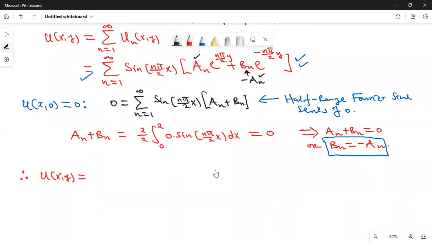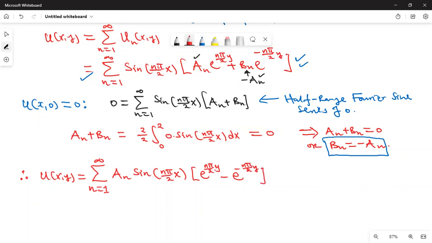So this will now give us the sum from n equals 1 to infinity of a subscript n sine n pi over 2 x, and the other one is exponential n pi over 2 y minus exponential negative n pi over 2 y.